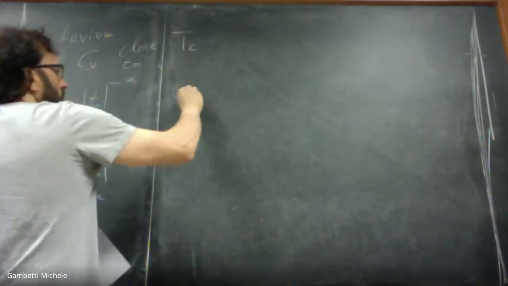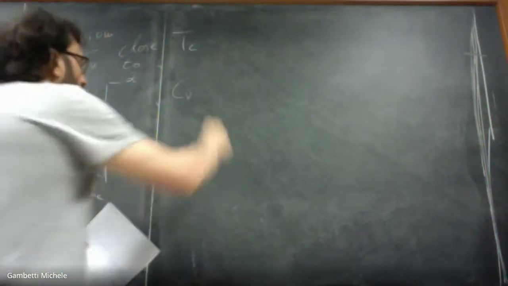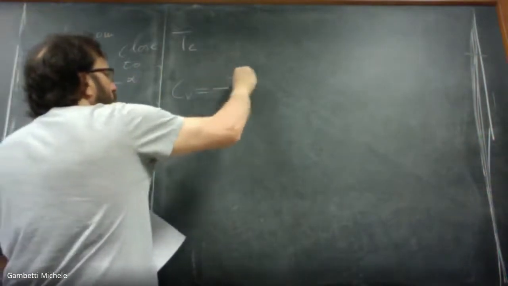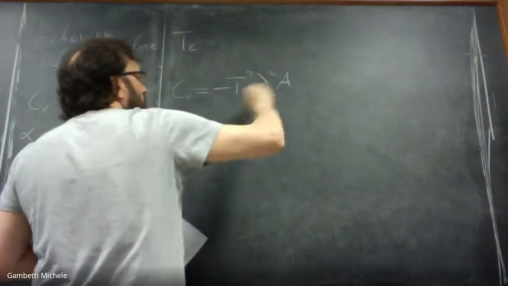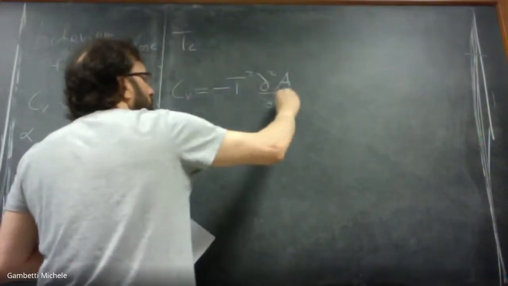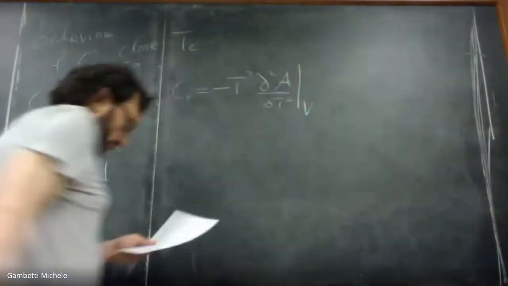To compute it, we just need to remember that CV is the derivative of the internal energy with respect to T at constant volume, and can also be derived as minus T times the second derivative of A, the free energy, with respect to temperature at fixed volume.